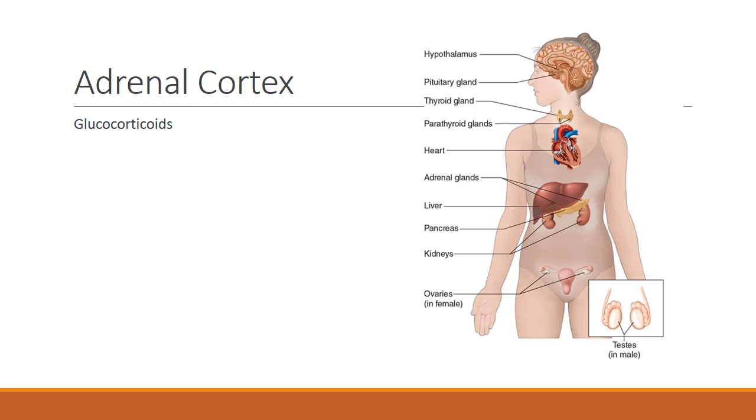One of the big things they help with is they have anti-inflammatory effects. The anti-inflammatory effects help the body get itself back to homeostasis when it's under some form of stress.